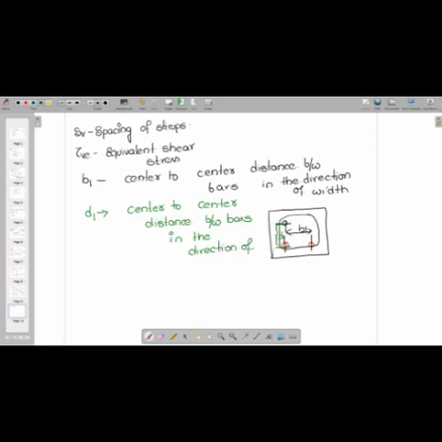So d1 is the center to center distance between the bars in the direction of depth, and b1 is the center to center distance between the bars in the direction of width. Okay.